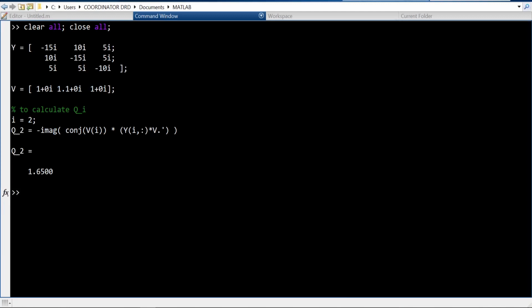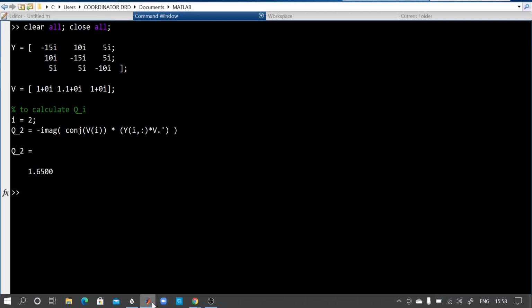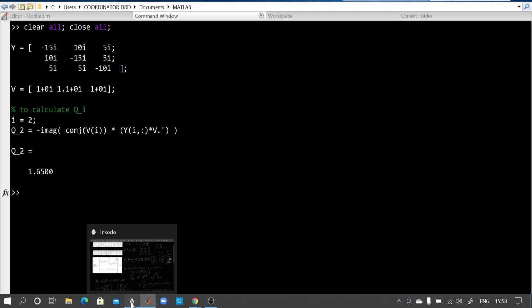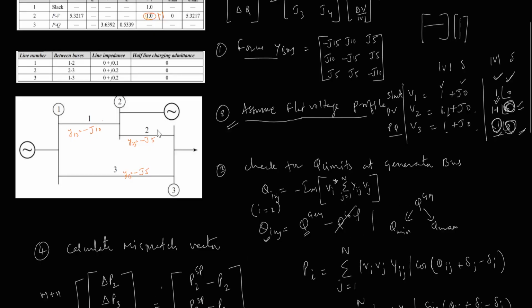So Q2 that I got is 1.65 with these voltages and this Y bus. And what are the limits for the second bus? It is between 0 and 5.3217.